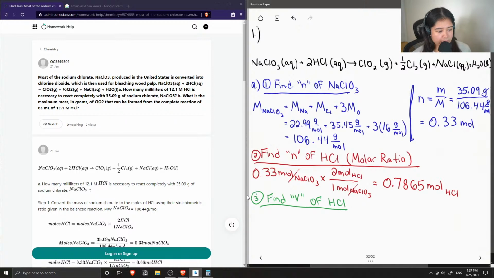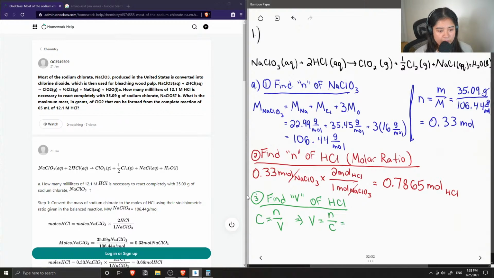If we recall that the concentration is equal to number of moles divided by volume, then we can rearrange this equation to get volume is equal to number of moles divided by concentration.